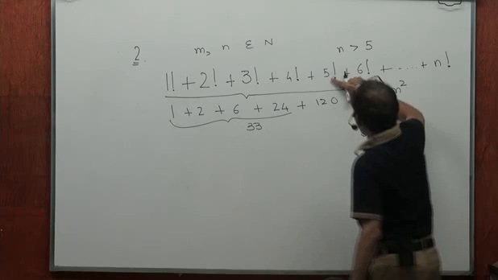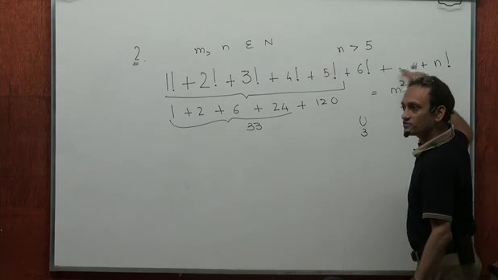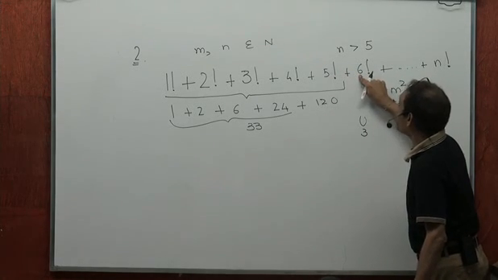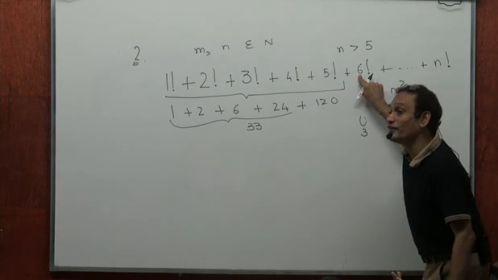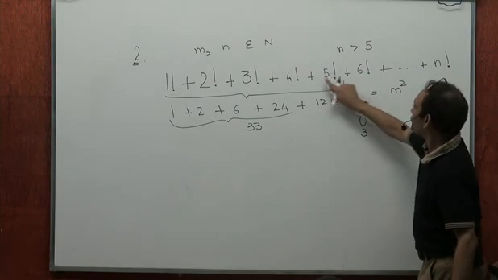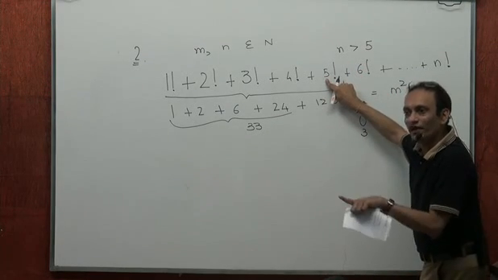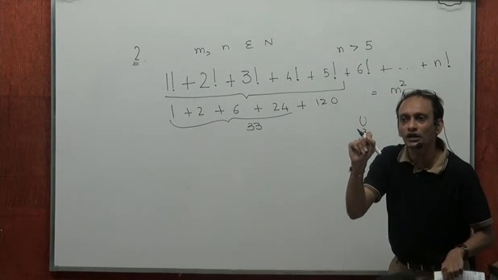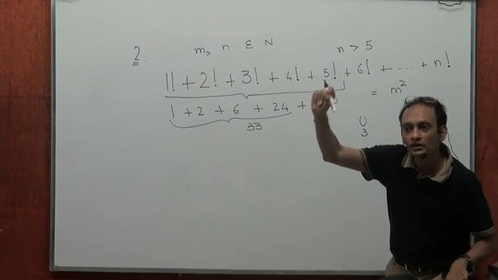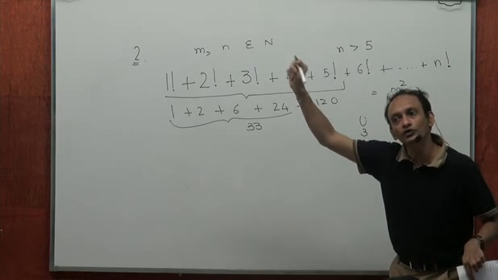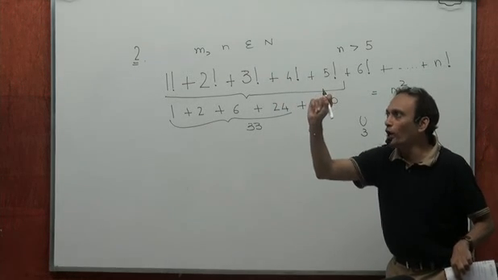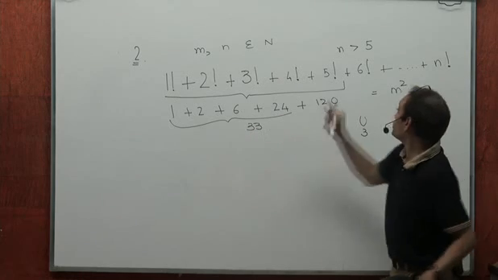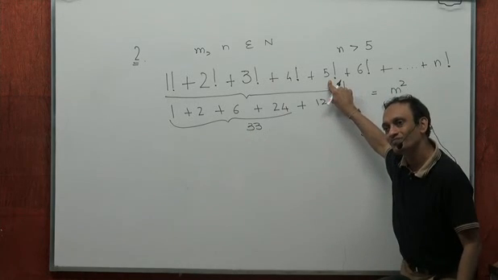Now, from 5 factorial onwards, every member in the product will have a 2 and a 5 for sure. Because to write 5 factorial, I'll write 1 into 2 into 3 into 4 into 5. So in the product, there is a 2 appearing for sure, there is a 5 appearing for sure. So this must end in 0.